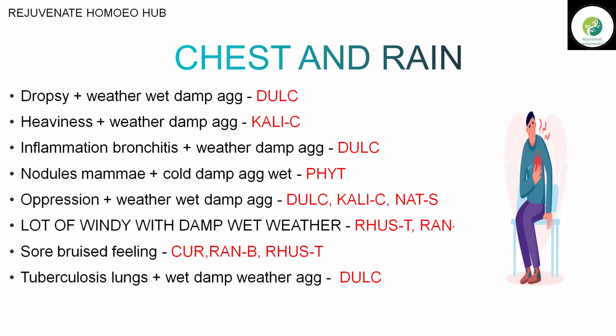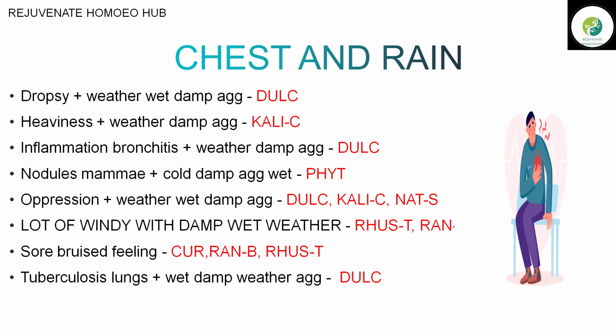Intercostal rheumatism, think of Ranunculus bulbosus. Whenever you get a case having intercostal rheumatism, the only remedy that comes to your rescue is Ranunculus bulbosus. And even in skin affections, that is herpes zoster with wet damp aggravation, Ranunculus bulbosus works well.